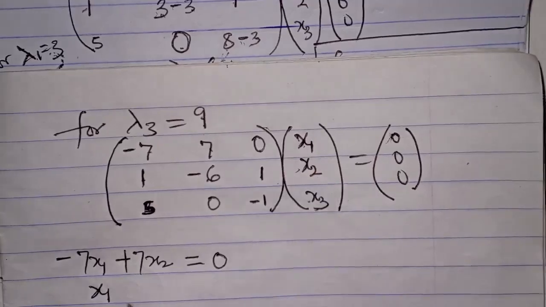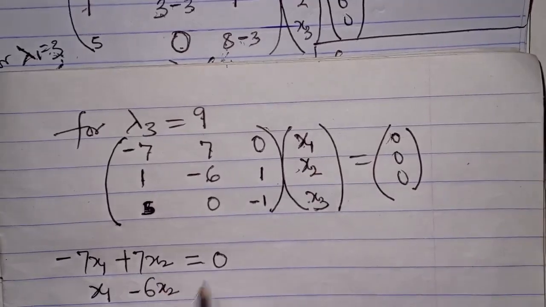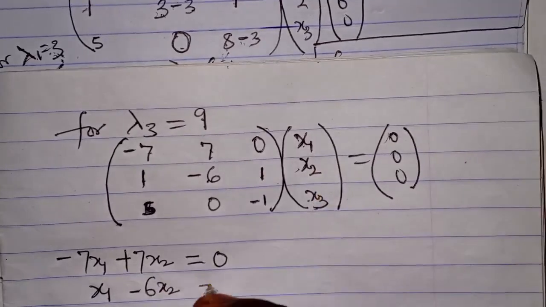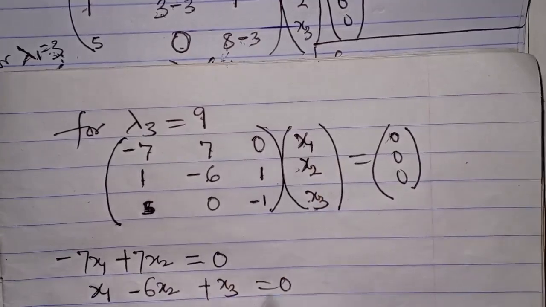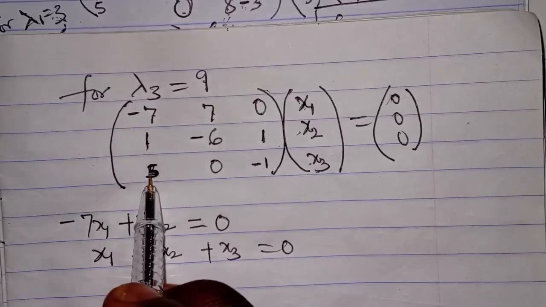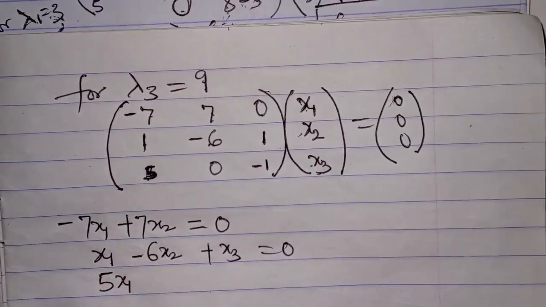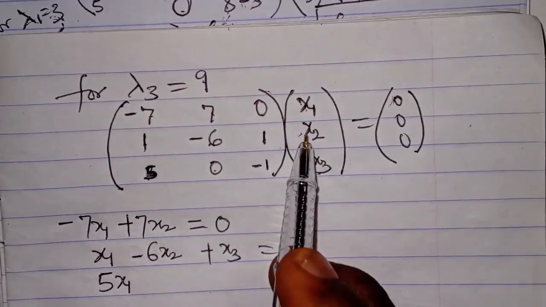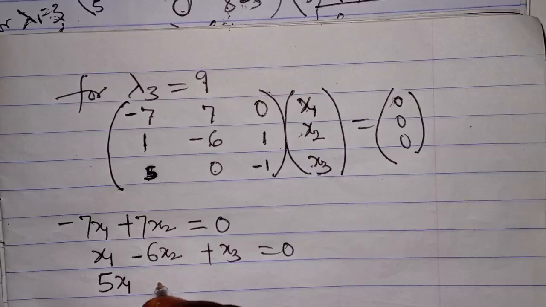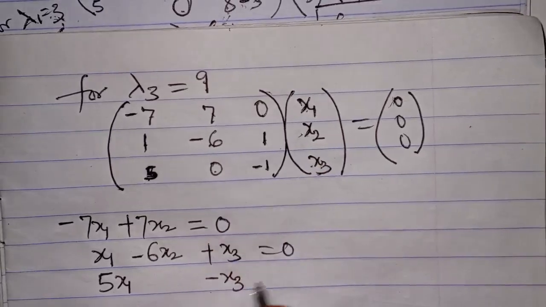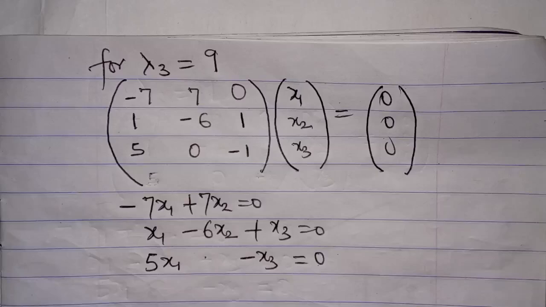Minus 6 times this is minus 6x2. 1 times this is x3 equal to 0. 5 times x1 is 5x1. 0 times x2 is 0. This times this is minus x3 equal to 0.